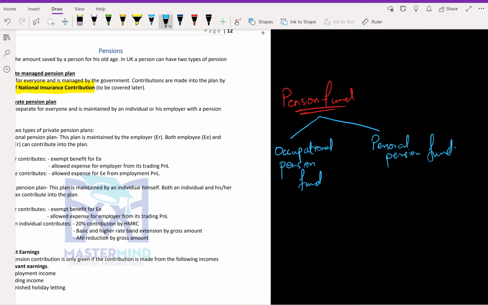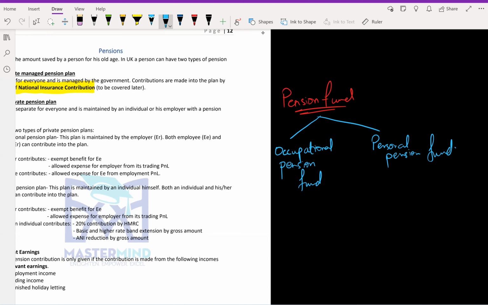Now, obviously, as the name suggests, occupational pension fund is only when your employer opens up a pension fund in your name. There are employers like this in the world, obviously, who are multinationals and big corporations. In fact, I would say smart corporations, they do that to retain employees. They don't just pay the salary, they don't just pay the bonuses and commission.